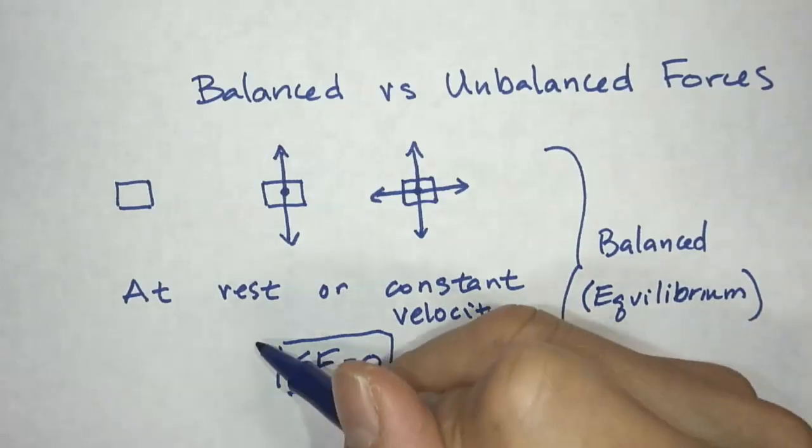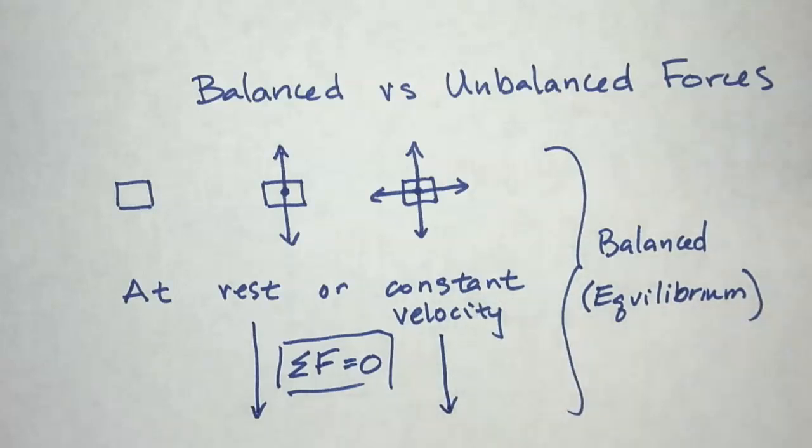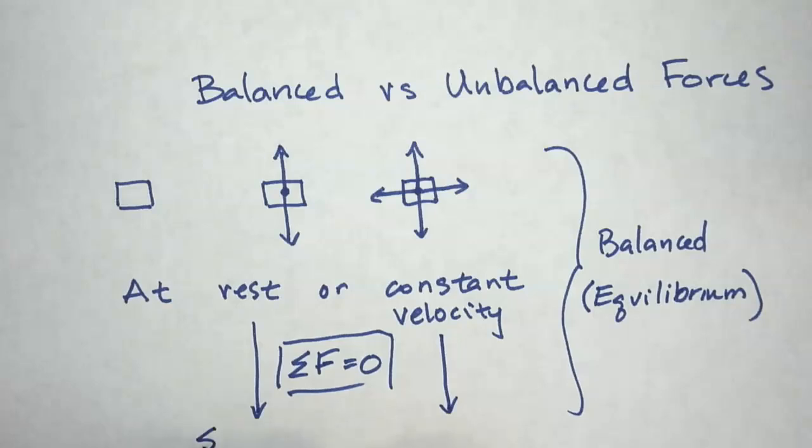And so if it is at rest, it's going to stay at rest. If it's at constant velocity, it'll stay at constant velocity. And we have a special name for this type of equilibrium. When it's at rest, we call it static equilibrium. And if it is moving, we call it dynamic equilibrium.